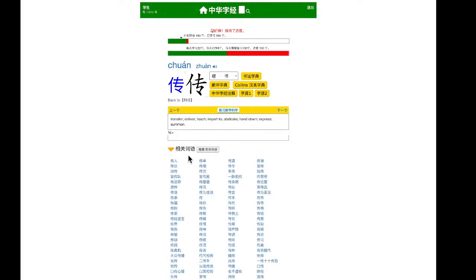Like 传道, for example, 传道 means you spread the gospel. Okay, 传递, like 传递一封信, that means deliver a letter. Okay, and 传票, that's sermon.